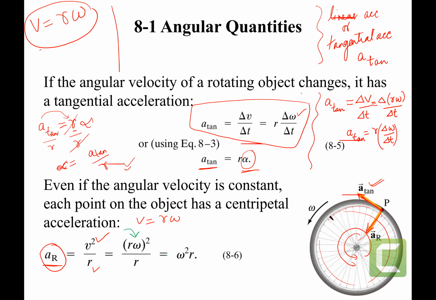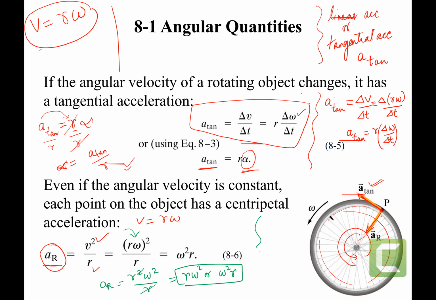So when you work on this, this comes out to be R squared omega squared over R is equivalent to A_R. So one of the R is going away. You get R omega squared, or you can also write it as omega squared R.